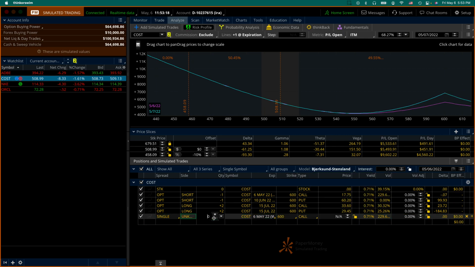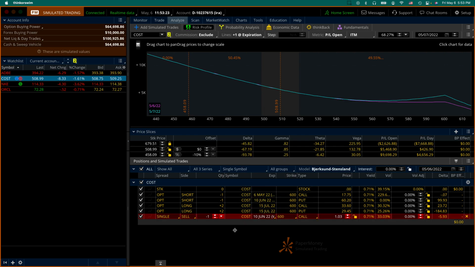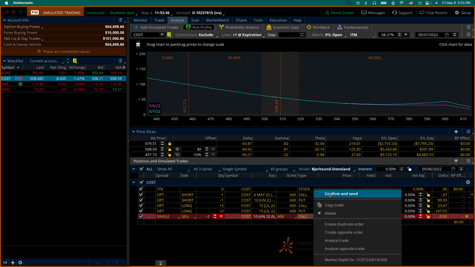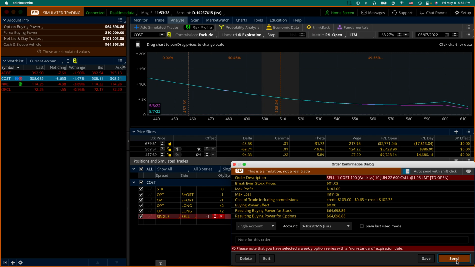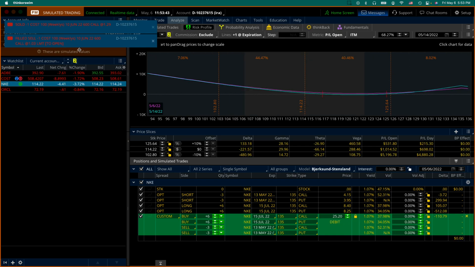We're going to change this to June 10th. It has $1, why not? Get it for $1. This is because the volatility is so high. These calls, even though they're so far out of the money, are selling for $1. We will adjust that, I'm sure. It got filled.